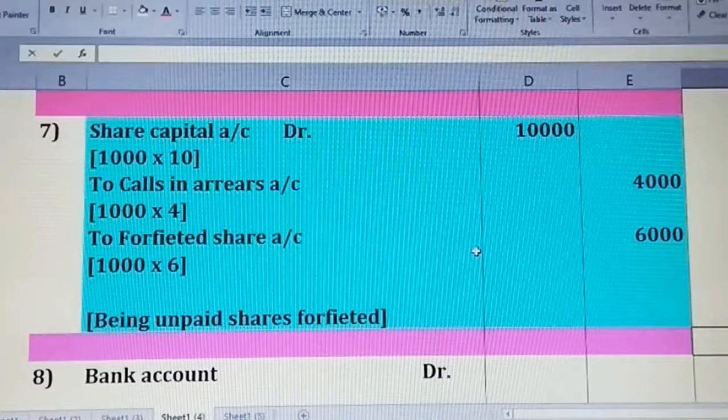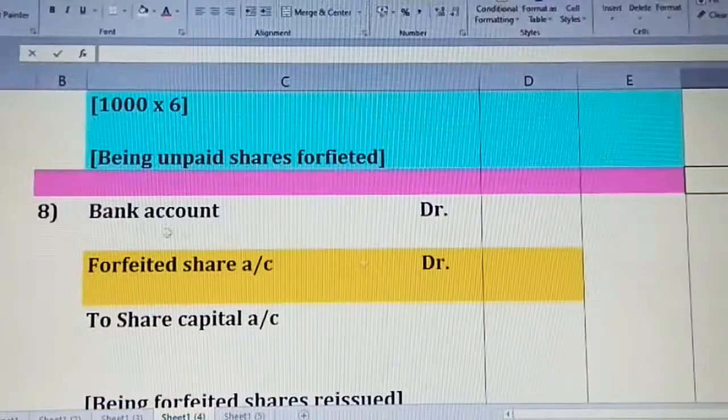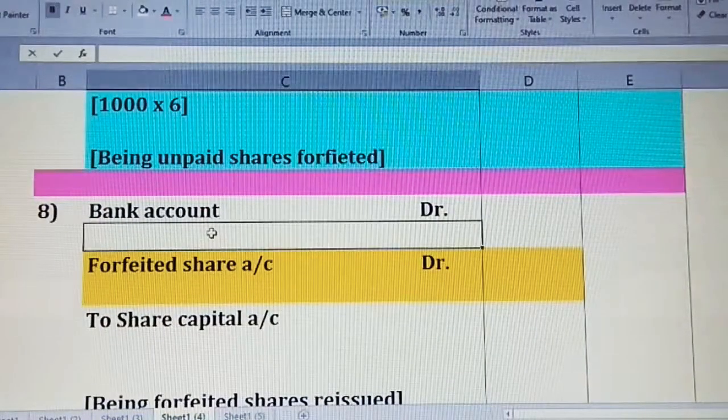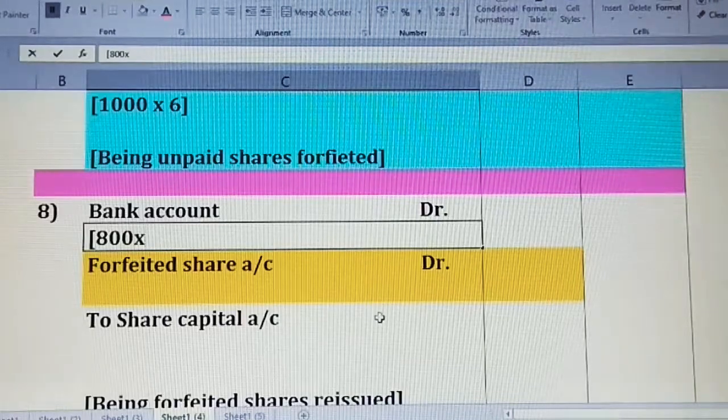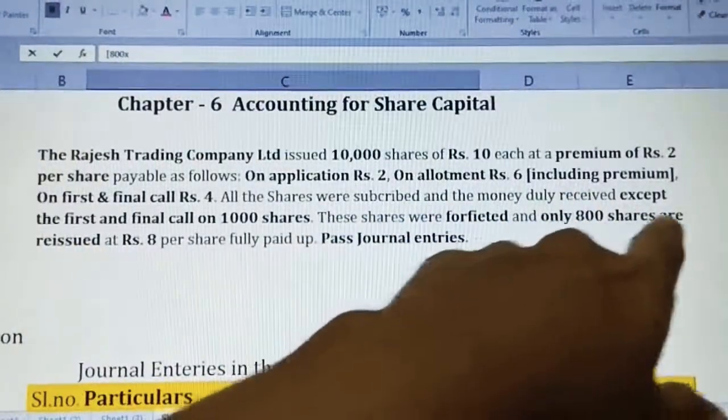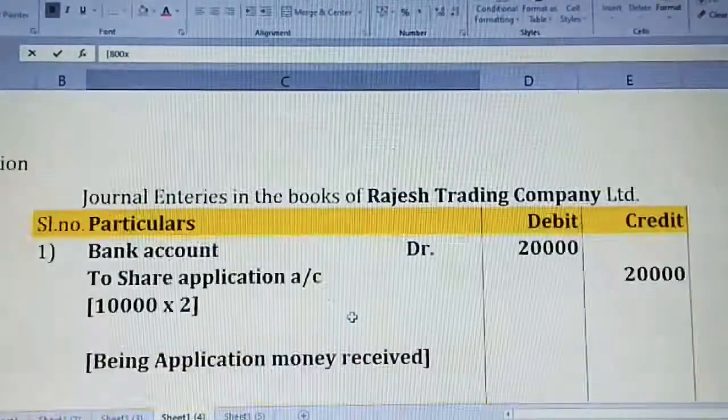Next, moving on to the reissue entry now. Coming to the reissue entry, what's received is cash coming in. So it's going to be bank account debit, but the reissued shares are not 1,000, it is 800. For the confirmation, let us just observe once. 800 shares are reissued at 8.